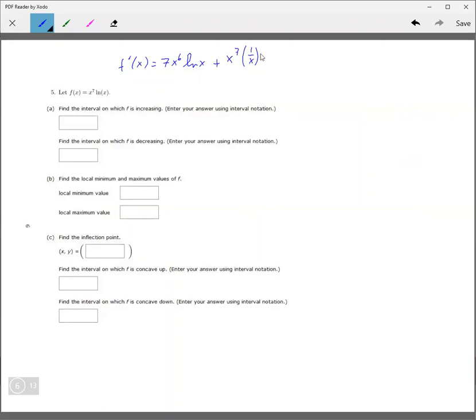The derivative of log x is 1 over x. Okay, so you're going to get 7x to the 6th log x plus x to the 6th. And I can factor an x to the 6th out. I want to set that equal to 0. I'll factor an x to the 6th out. That gives me 7 log x plus 1 equals 0.